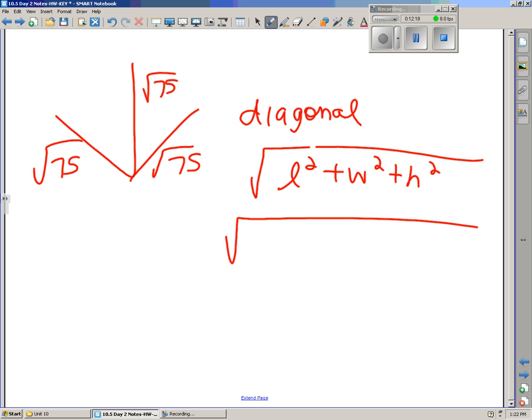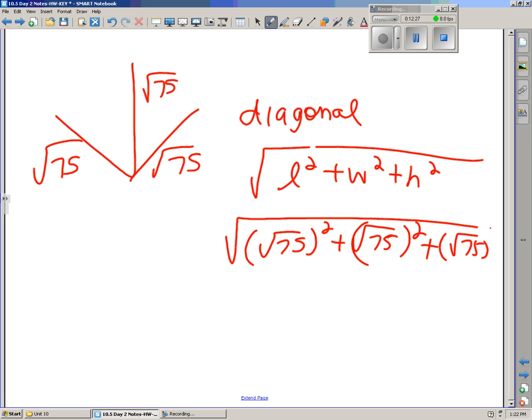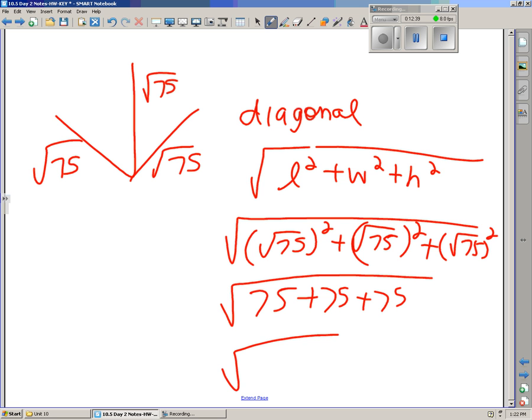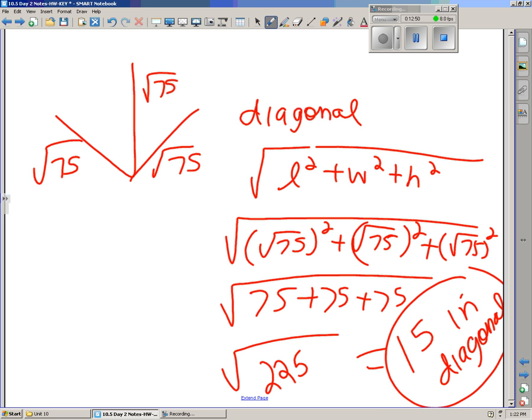Which means when all of these radicals come in and get squared, what drops out in here is we're going to get 75 plus 75 plus 75, which means we're going to have the square root of 225, which is just 15. So it's a 15-inch diagonal.